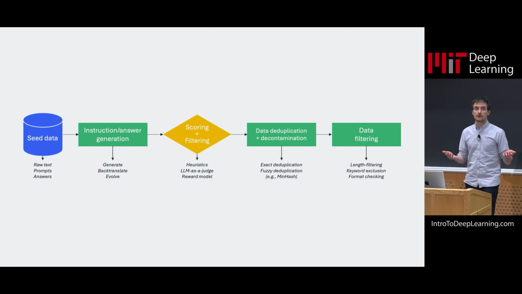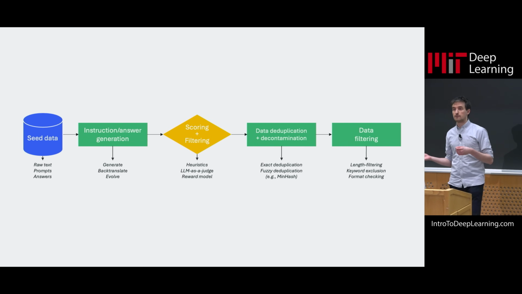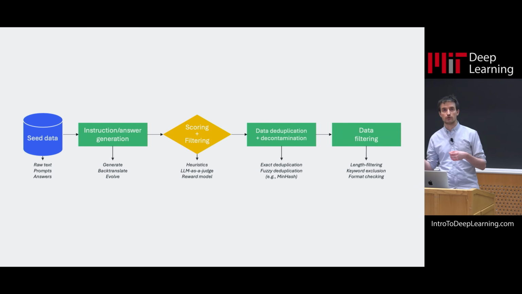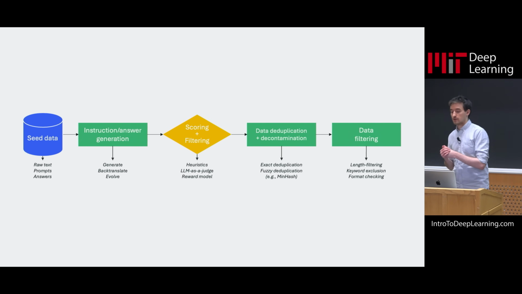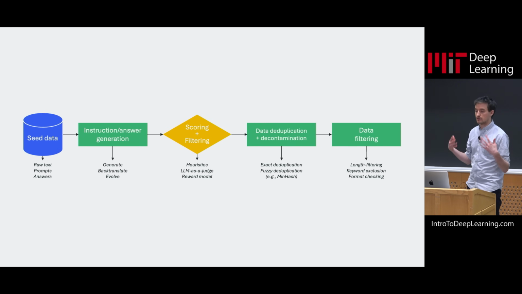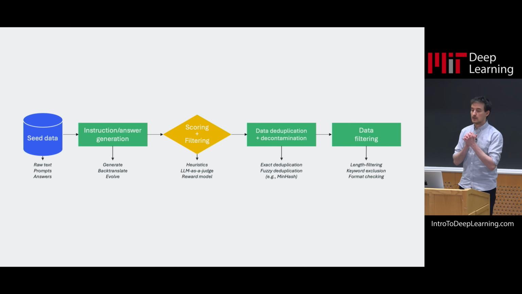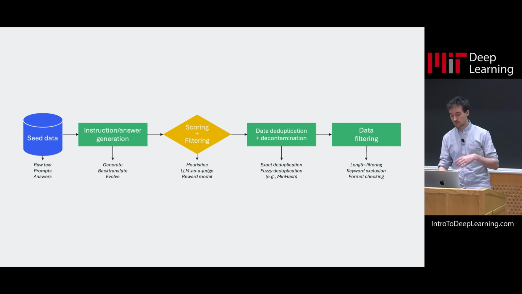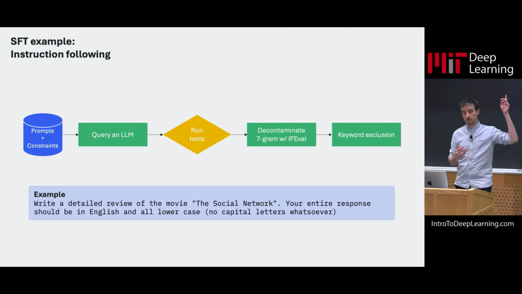Here you can use different techniques too, like heuristics, but you can also use other LLMs as judges to measure the quality of your answers and filter out the bad samples. On top of that, you have classic data deduplication, decontamination to make sure that you're not training on the test set, and data filtering because, for example, you want to exclude some keywords.